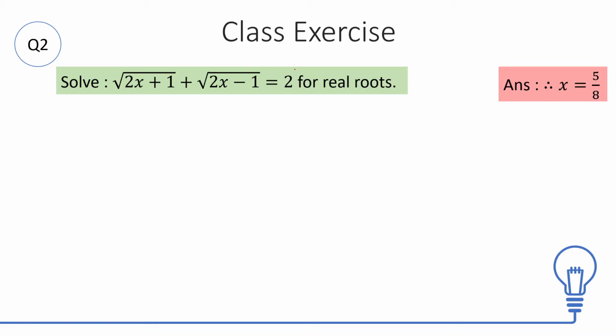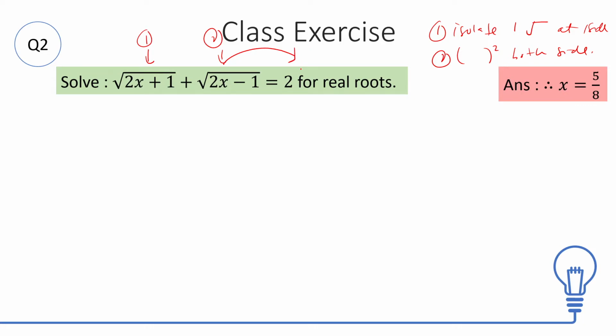Our strategy always is the first one: isolate one square root on one side. Okay, so then after that, squaring both sides. This one is my first square root, this is my second square root, so I send my second square root to the right hand side.